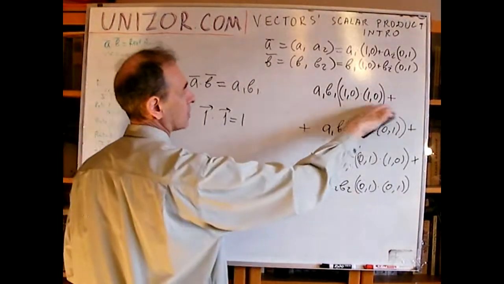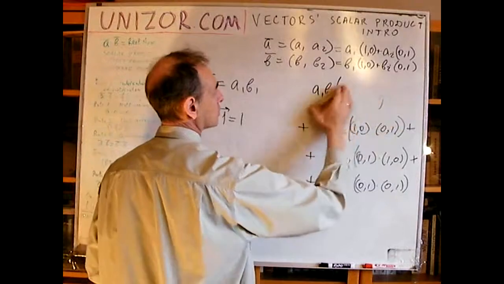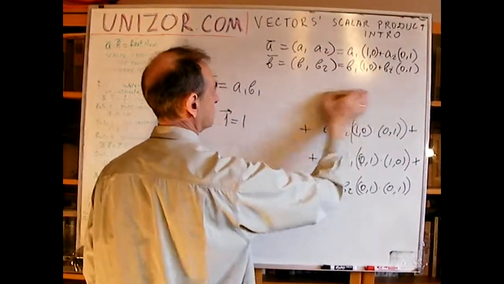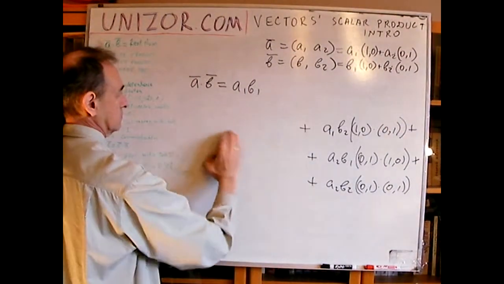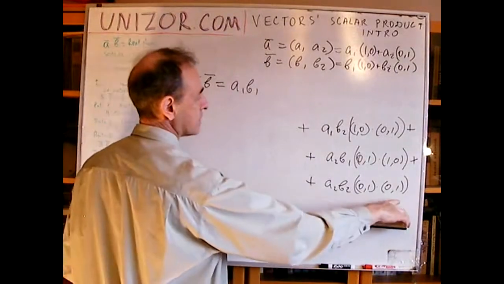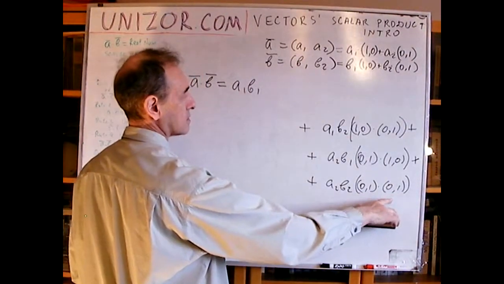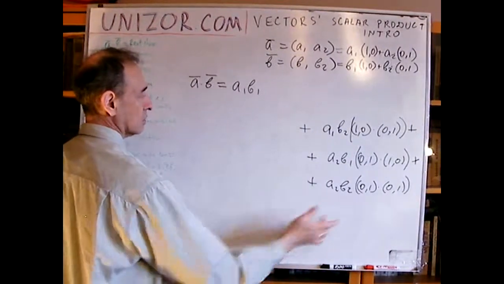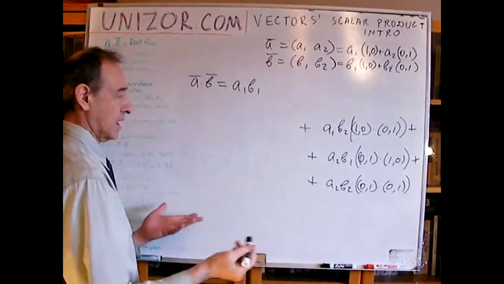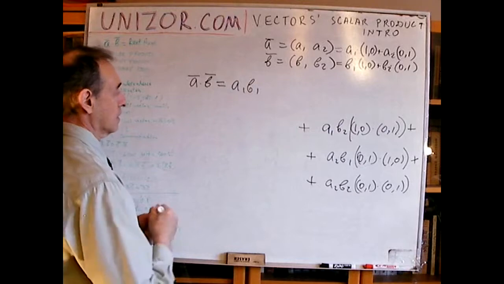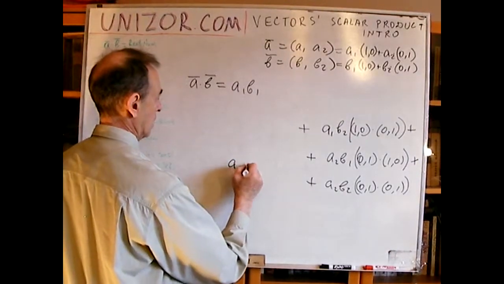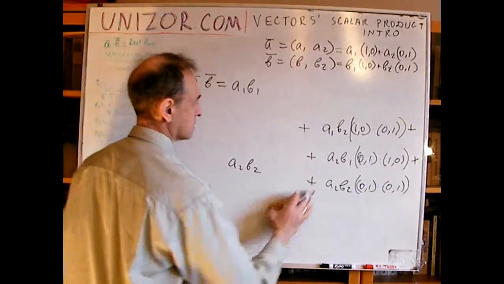Because the scalar product of (1, 0) by (1, 0) is equal to 1. Same thing with this. This is the unit vector along the y-axis, which is also multiplied by itself as a scalar product will give 1. So instead of this, I can put this.